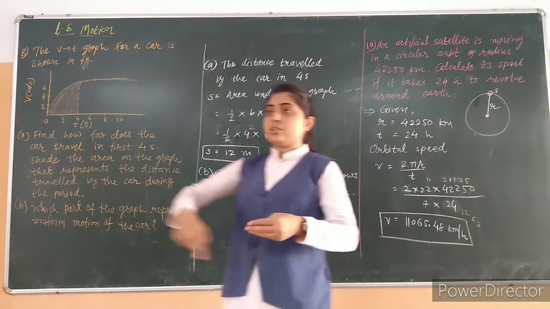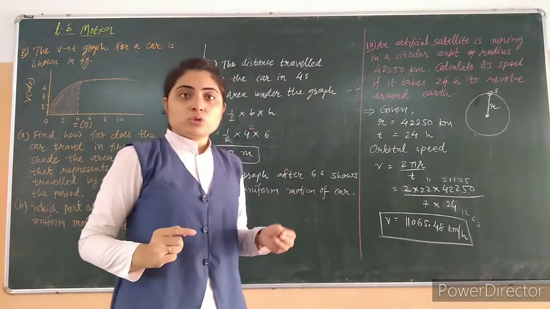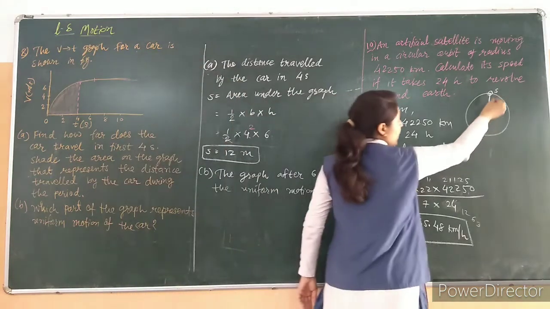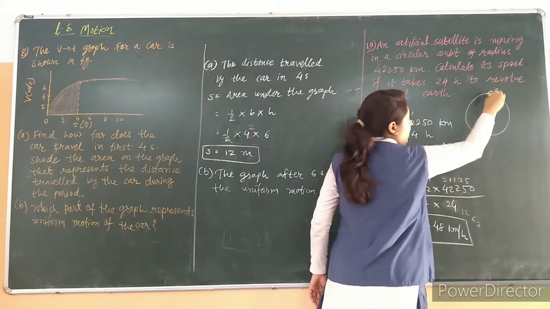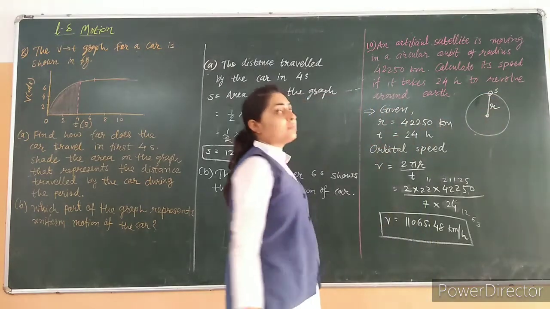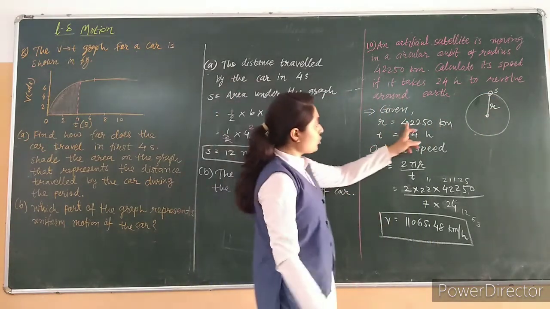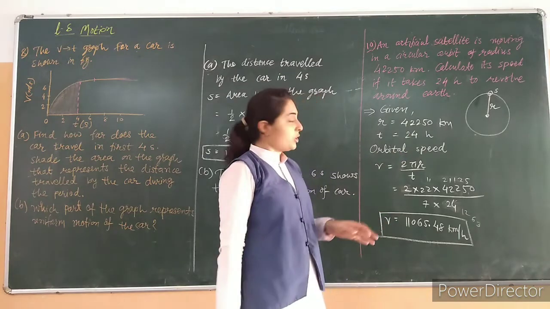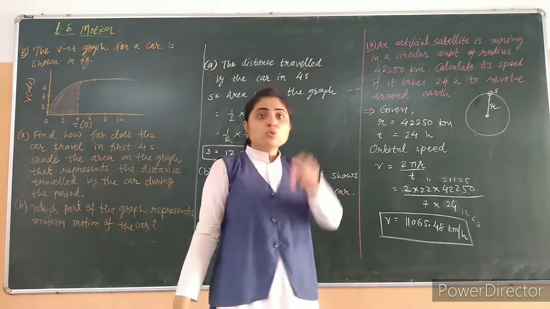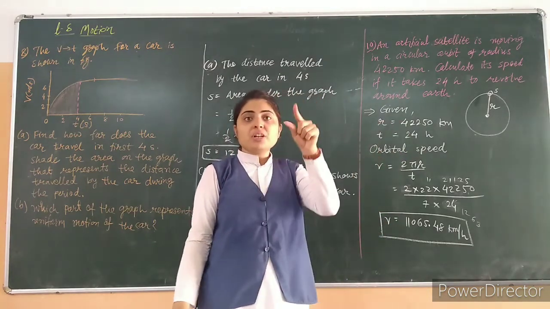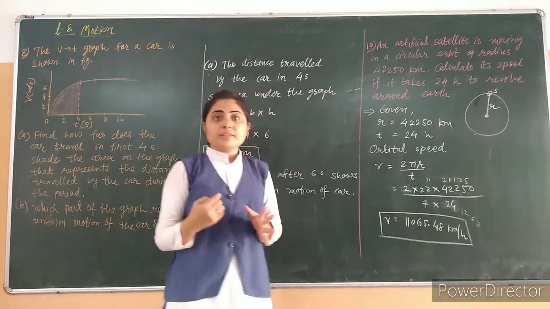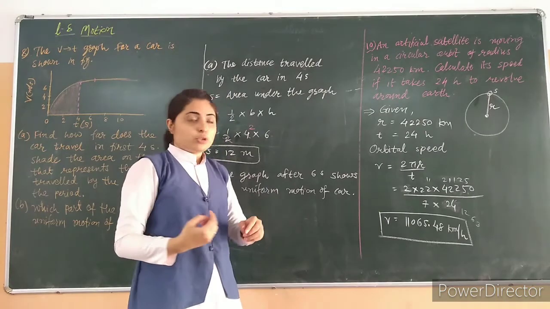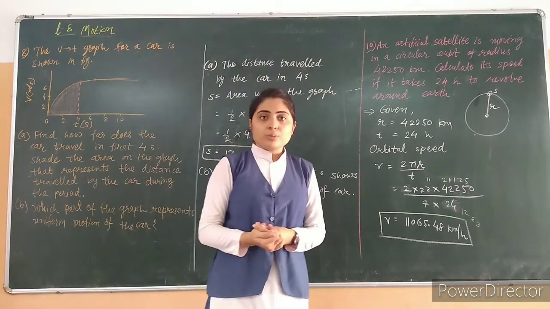So this is a case of uniform circular motion where a satellite is revolving around the Earth. The radius of the circular path is given as 42,250 kilometers, and the time to complete one round is given as 24 hours. So we need to find the speed for this circular motion, which is also called the orbital speed.